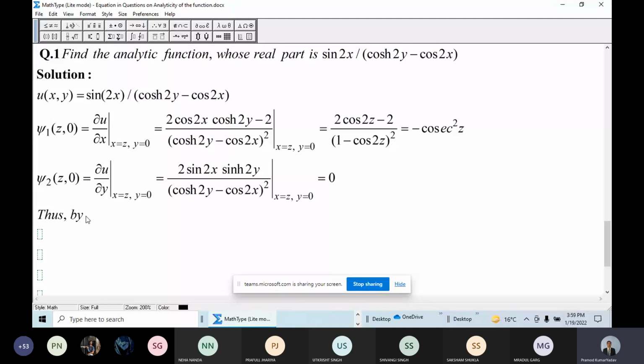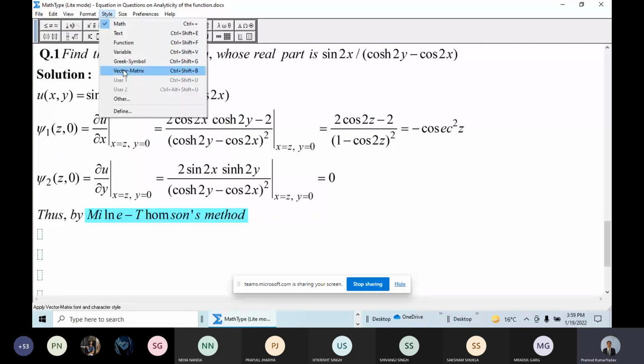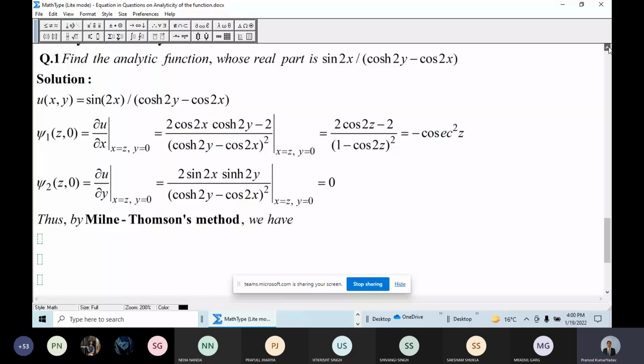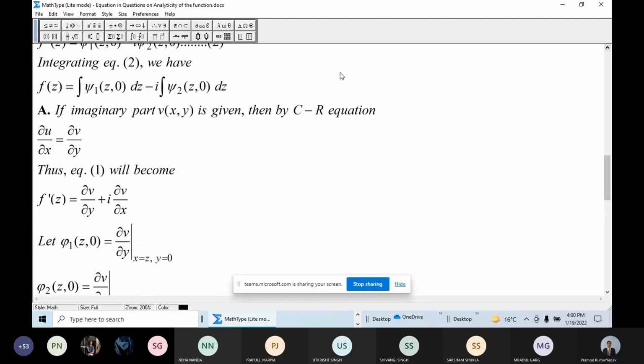So by Milne-Thomson method, we have, so we can find the value of f(z) directly. What was the formula in respect of minus sign? This one. So we may use this formula directly.